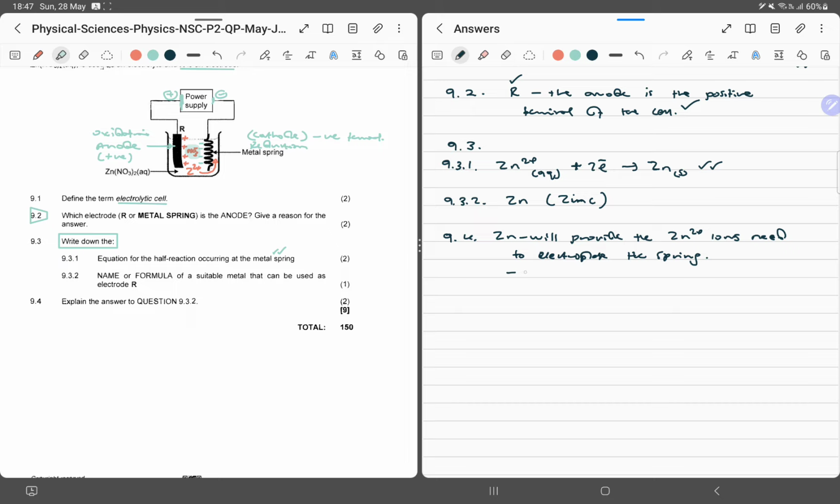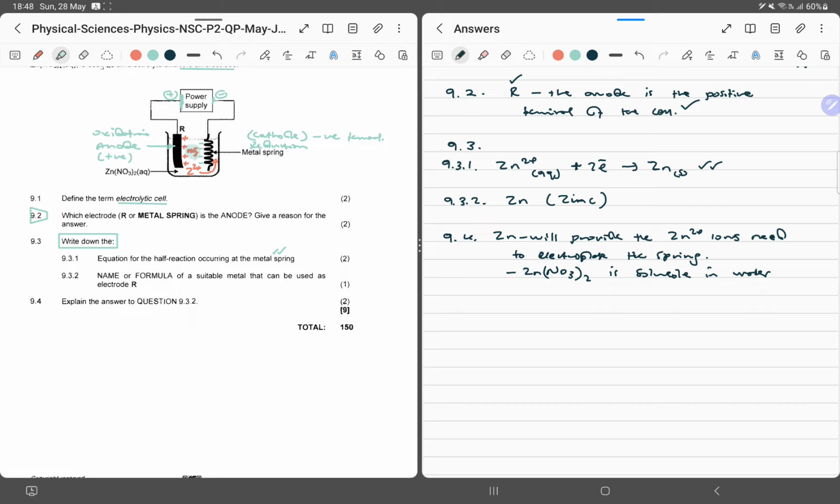The one thing that we should know is that zinc nitrate is soluble in water and therefore will not form precipitate. So we don't want a metal that is going to come in here and take those nitrate ions and form a precipitate, and then we end up without a metal coming up there.